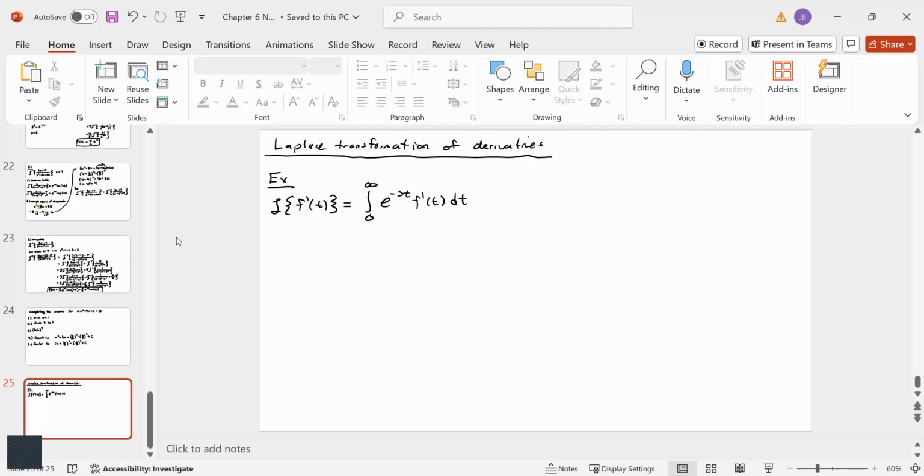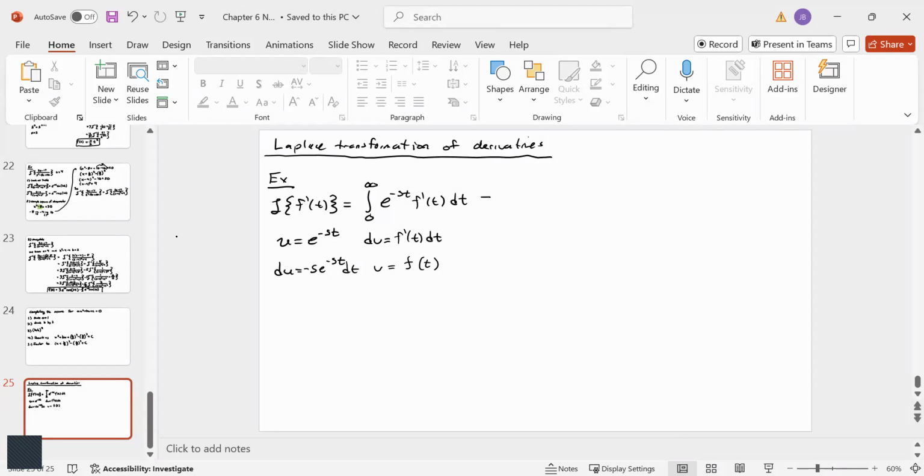So the integration by parts would be, okay, set u equal to e to the negative st, and then set dv equal to f prime of t dt, like that. And then du would be equal to negative s e to the negative st dt. And then v would be equal to, well, the antiderivative of a derivative is just f of t, like that. So that's nice. I mean, it came out a lot nicer.